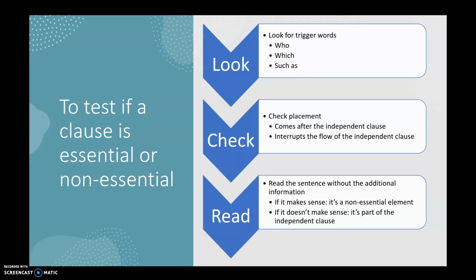It's either going to come after the independent clause or it's going to interrupt the flow of the independent clause. And finally, you can read the sentence without the additional information. If the sentence still makes sense, then it's non-essential because it can stand on its own without the extra stuff. If it doesn't make sense anymore, it's part of the independent clause and you don't need to worry about it.